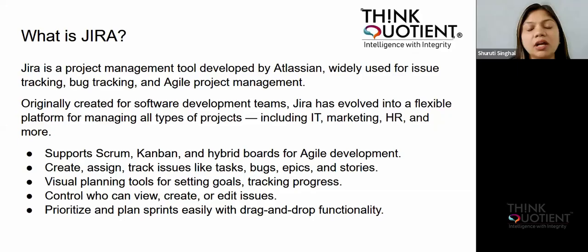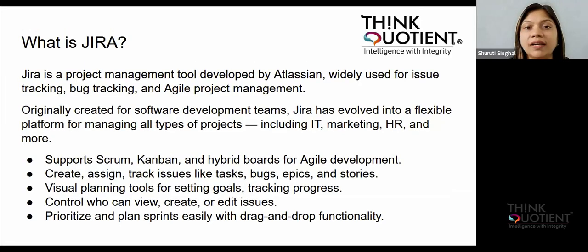That is why Jira is widely used right now, because in today's world, Agile is gaining a lot of popularity. If I talk about the key features, here we can create, assign, and track issues like tasks, bugs, epics, and stories. All these terminologies we are going to understand later. All these things can be done using Jira.